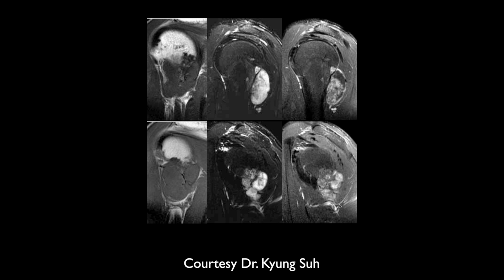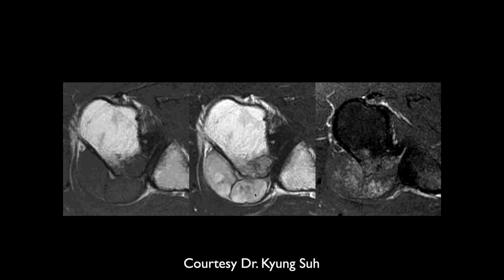Okay, so this looks more suspicious because there's intermediate T1 and increased T2 signal. So this may be a chondrosarcoma. It does look like there is some enhancement as well.